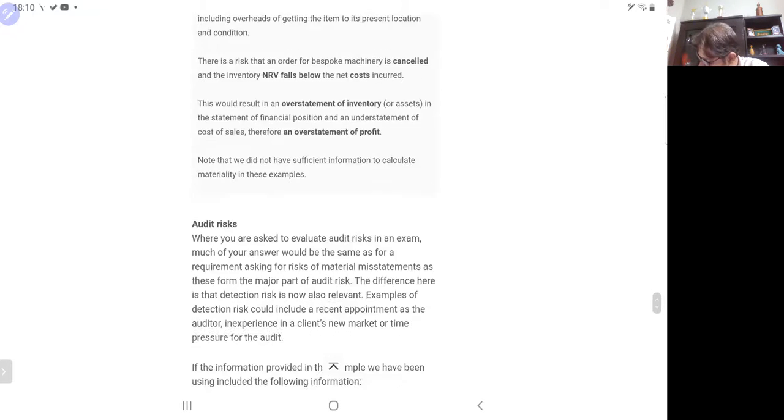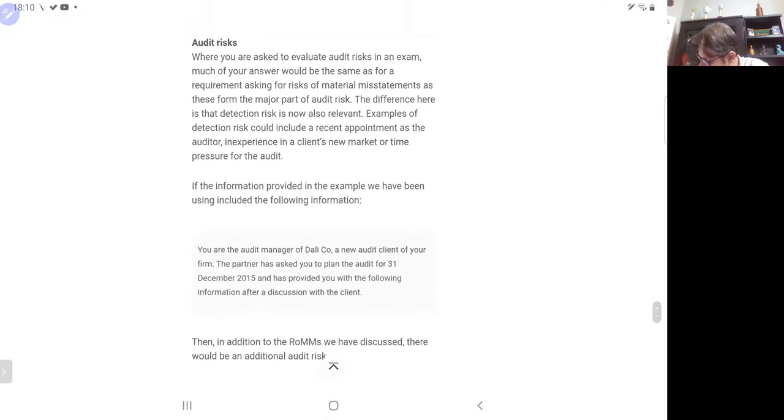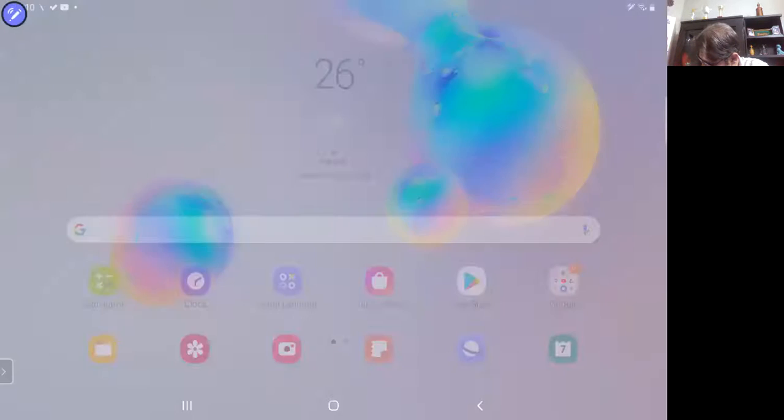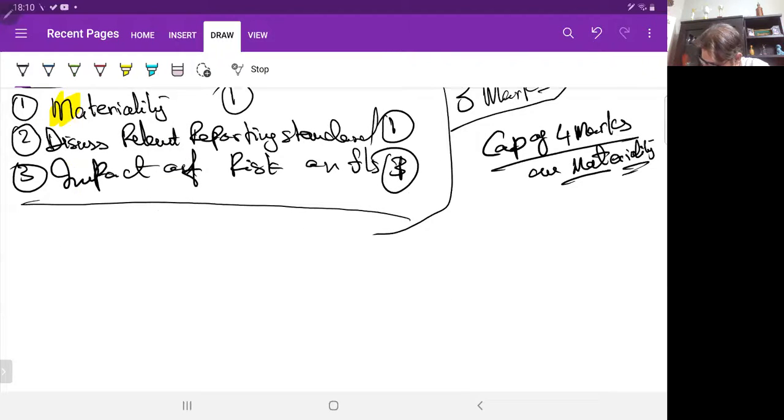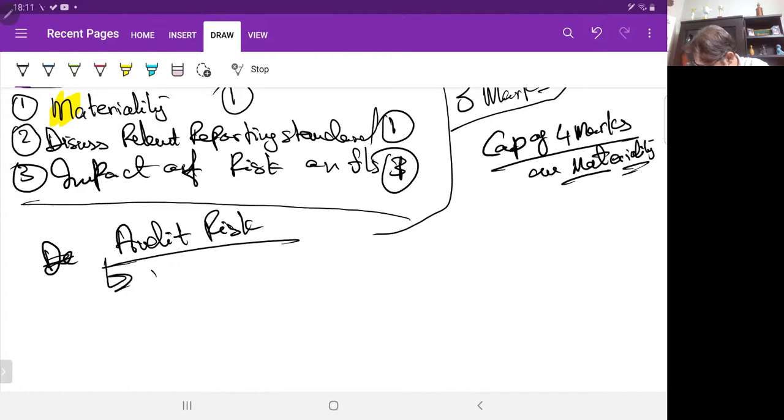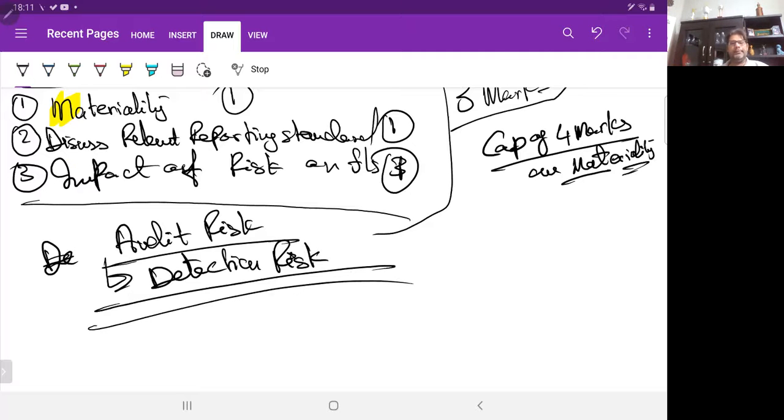Now, as far as audit risk is concerned, audit risk is another component. In audit risk, you will get another head, that is to identify detection risk. Now, what can be the detection risk for you?